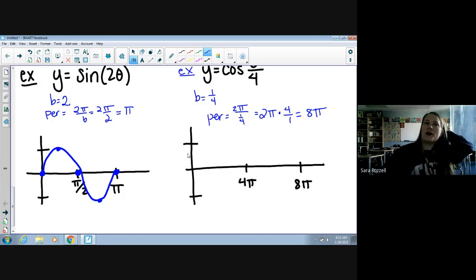And think about cosine. Where does it begin? Begins and ends at 1. Its middle number is at -1. So cosine begins and ends at 1. Its middle is at -1.